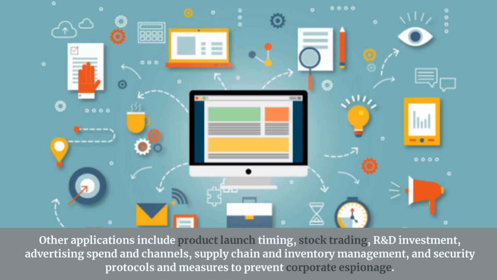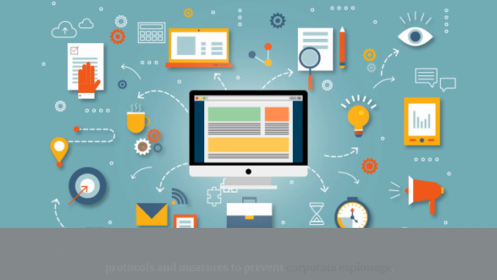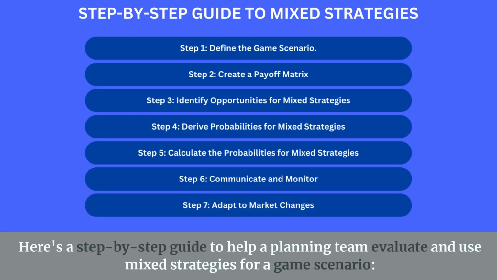Other applications include product launch timing, stock trading, R&D investment, advertising spend and channels, supply chain and inventory management, and security protocols and measures to prevent corporate espionage. Here's a step-by-step guide to help a planning team evaluate and use mixed strategies for a game scenario.